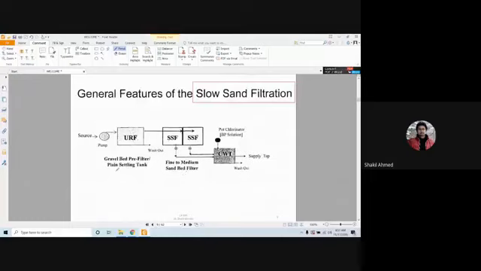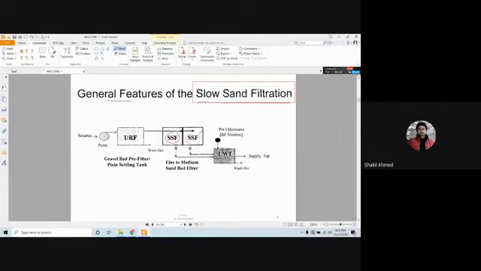Now, this figure shows the general features of slow sand filtration. Here is a slow sand filter. Here is another slow sand filter.